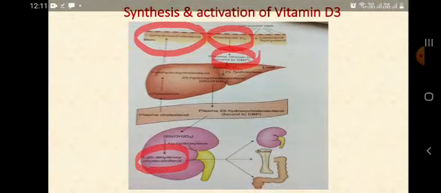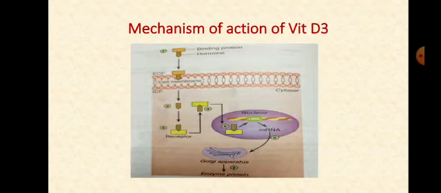Now, let us come to the mechanism of action of D3. I have already mentioned that vitamin D3 is a hormonal substance synthesized through different hydroxylation processes in the liver and kidney.